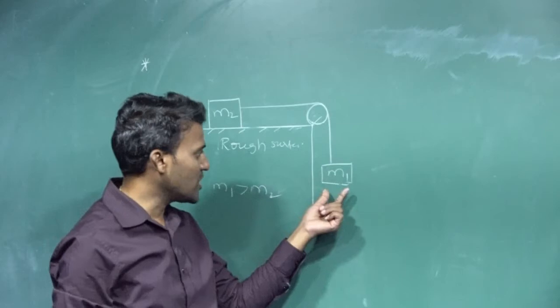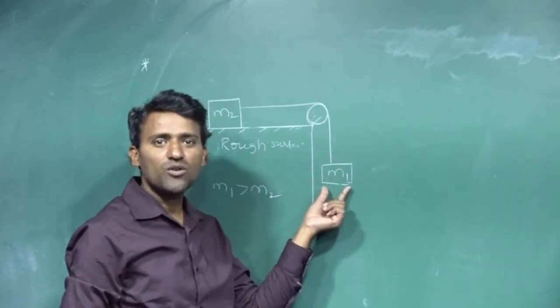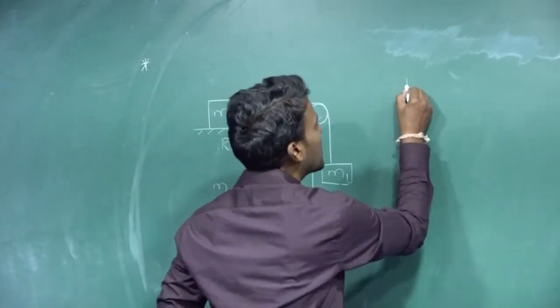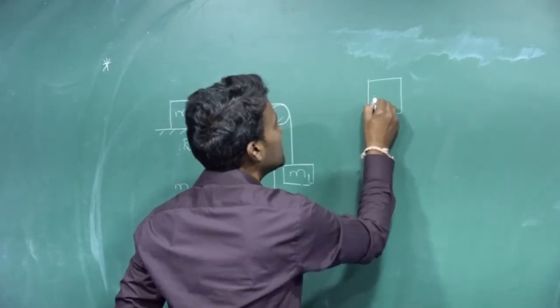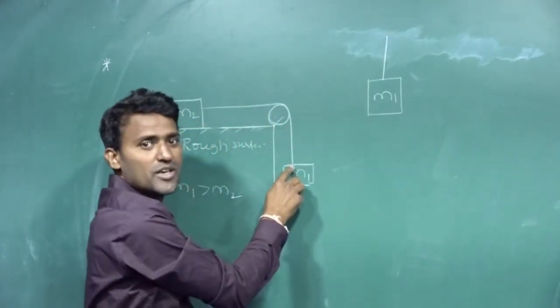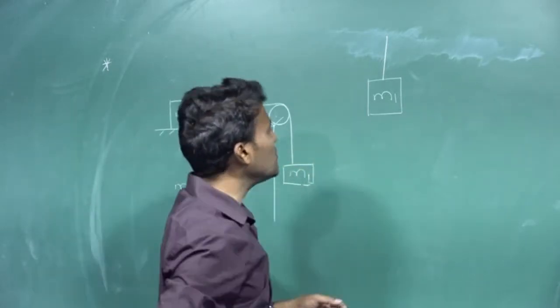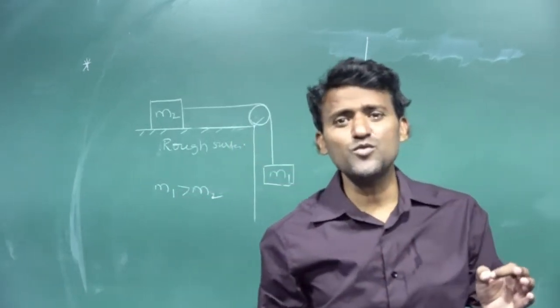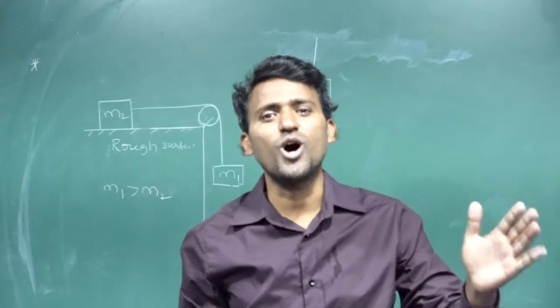For this, I am taking the free body diagram of m1. First, I am writing here m1. It is connected to a string. We know very clearly, tensional force is always away from the object.